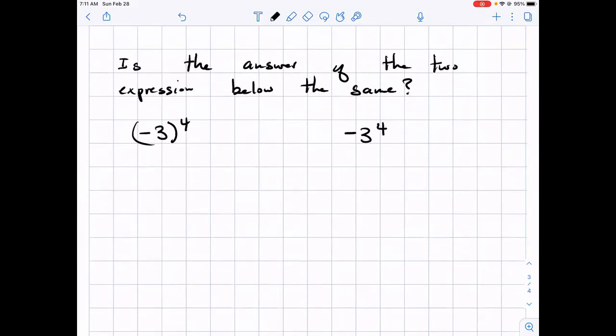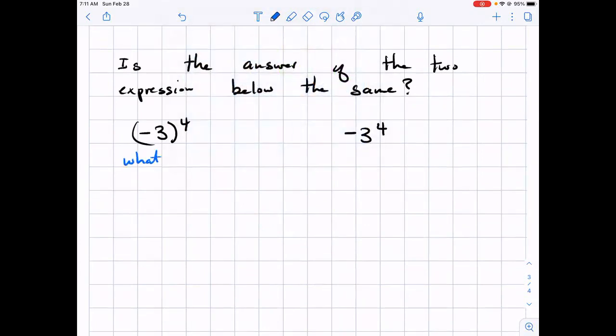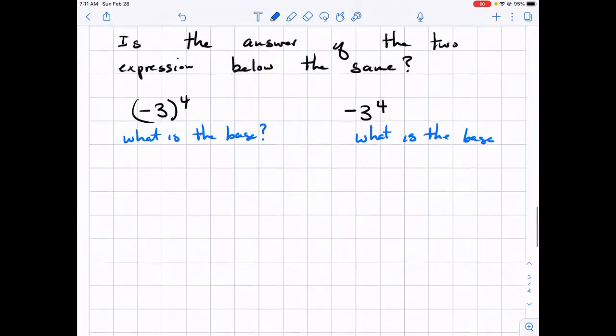So first thing here, what is the base? And same thing here, what is the base? That's a very important question. The base is the parentheses with the minus 3, right? This is the base. In this other expression, the base is just 3. This is your base.